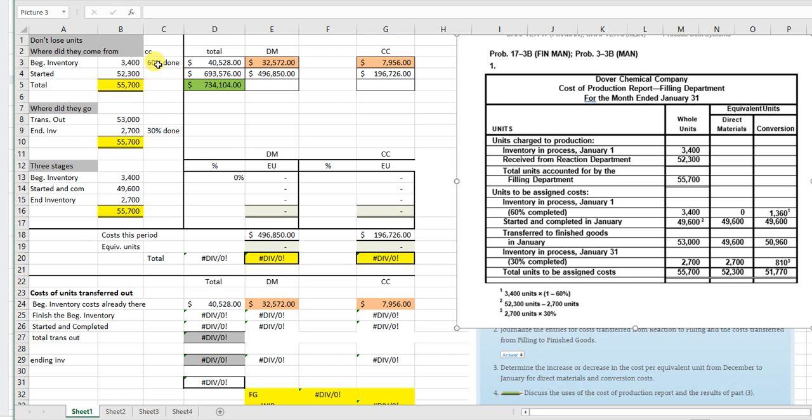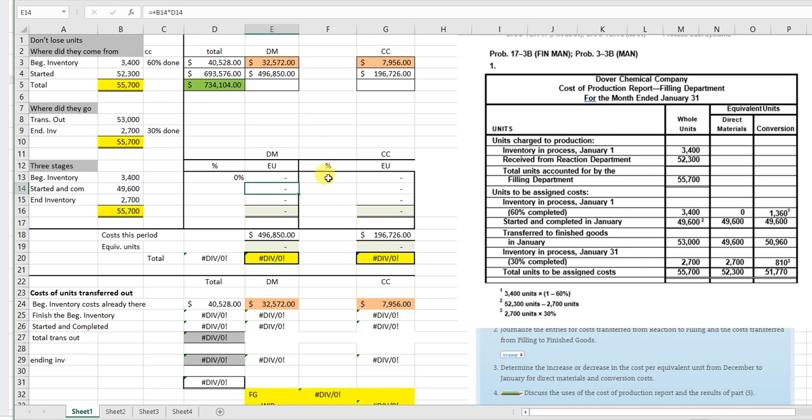So since they were 60% done, all of the materials are there, or all of the items are already there. So this is 0. So in this one, I'm going to take the 3,400 times 0. And the cost that I had to add for bringing them in is 0. It's already there. It's already buried right up here in this cost, right here.